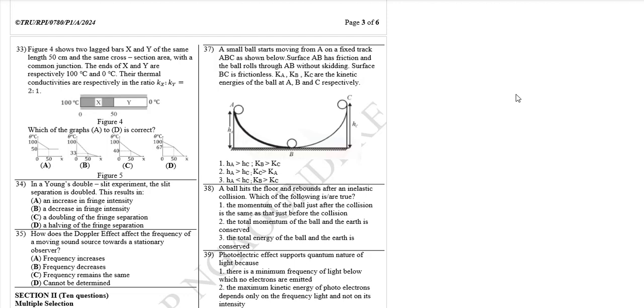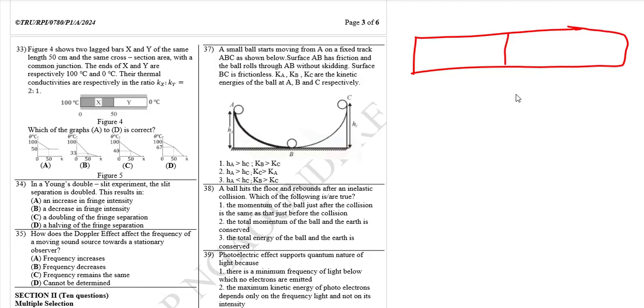Which of the graphs A to D is correct? So let's calculate the interfacial temperature and verify it from our graph. Okay, we have an interface. Now you have X, you have Y. This side is at 100 degrees Celsius. This side is at 0 degrees Celsius.